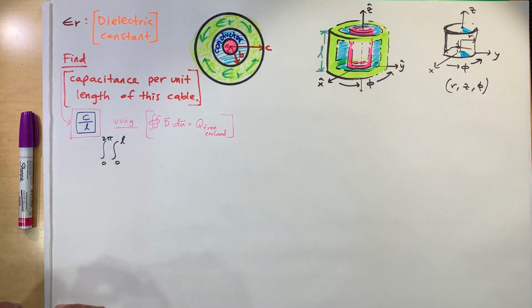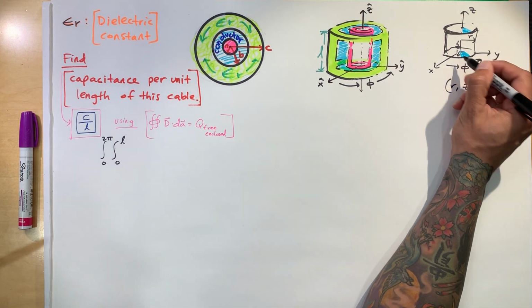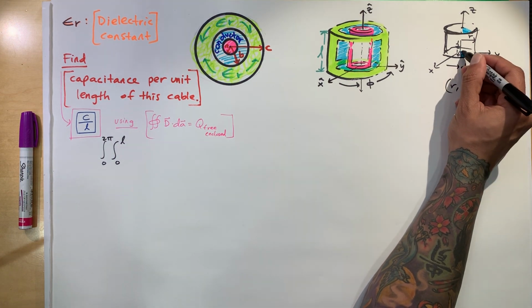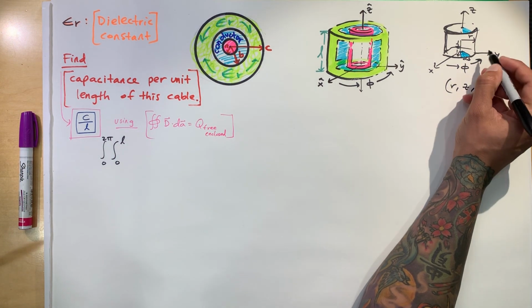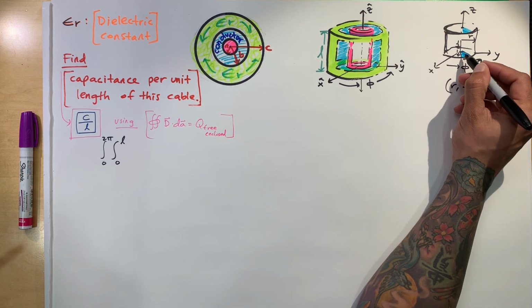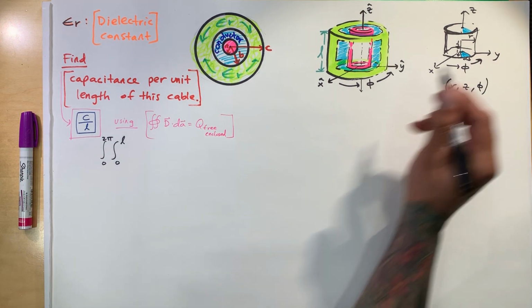If I move a little more, this distance is d phi. So I want r d phi.